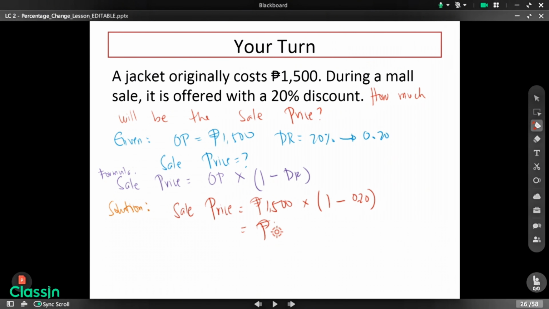So 1,500 times 0.80. The answer is 1,200. So the new price of a jacket with a 20% discount is 1,200. Okay, good job.